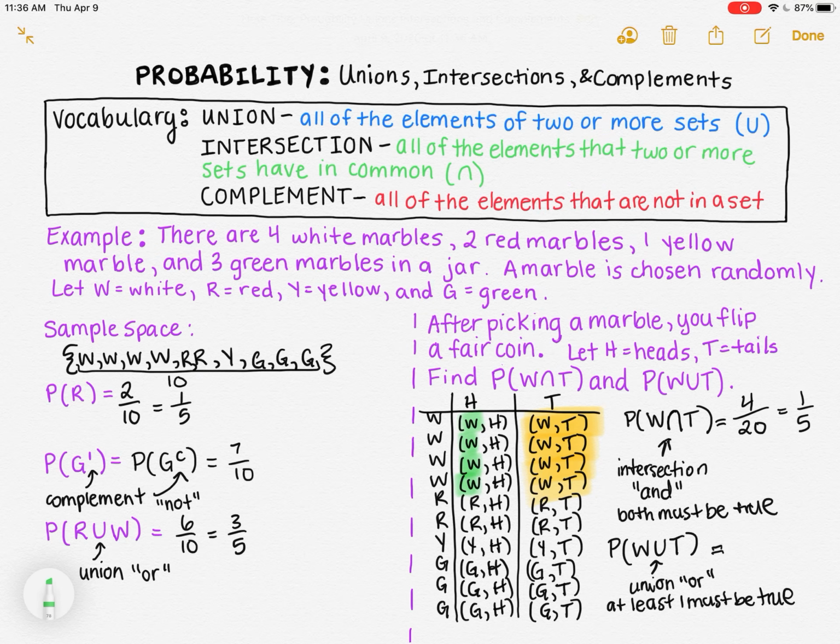So I see W's here, and then I see W's and T's here, and then I've got T's all the way down here. So I'm looking for anytime I see a W or a T, those events are the ones I'm going to count. All of these ones in the bottom left that don't have a W or a T are not going to be counted. If I count these up, I have 4 plus 5, 6, 7, 8, 9, 10.